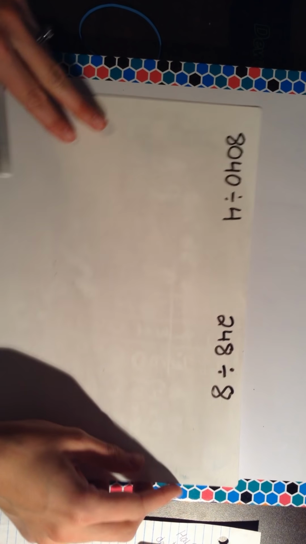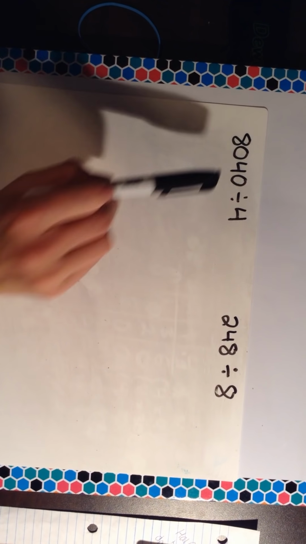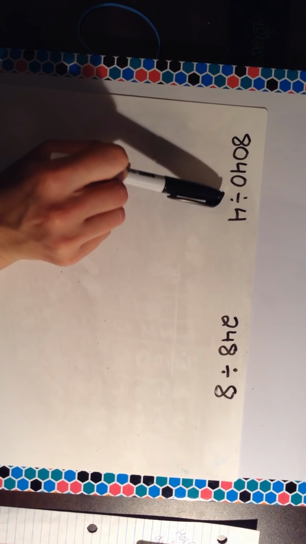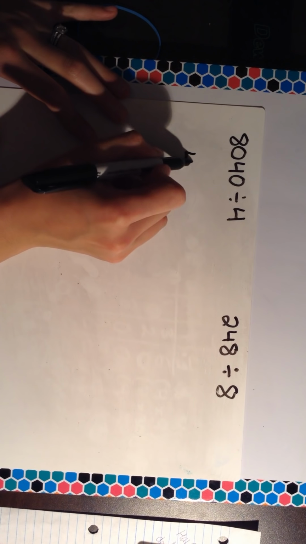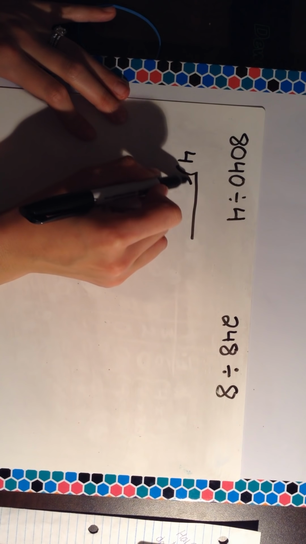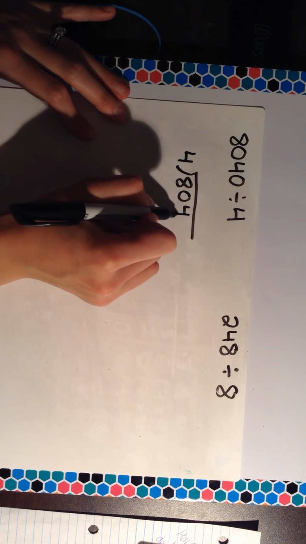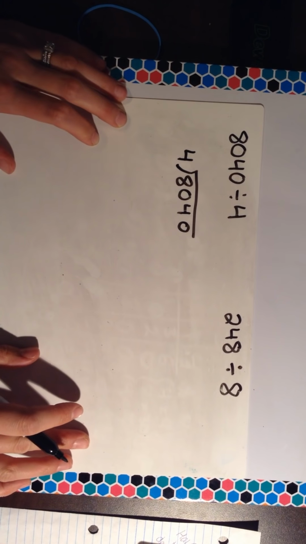Let's start with this one here. So if I see 8,040 divided by 4, I like to write it in a bracket. Just helps me to understand the question a little bit better.